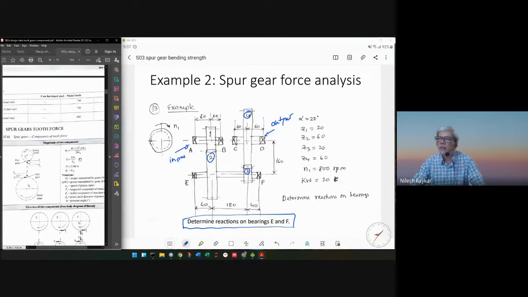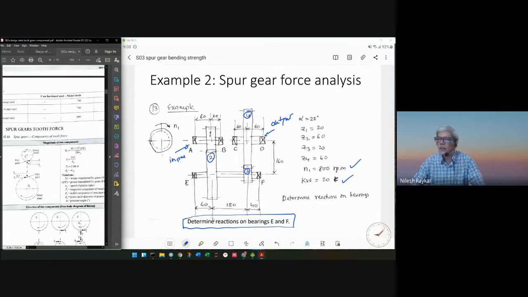For that we require torque. For calculating torque, you require power and speed. Here both power and speed are given, so we can determine MT. Now from MT, in order to determine PT, we require the dimension DP. Whatever gear we are doing calculations for, its pitch circle diameter would be required.